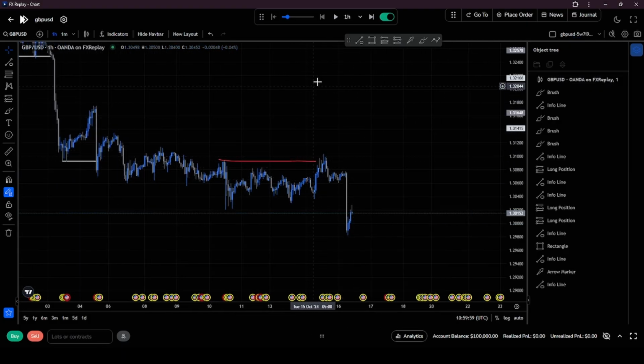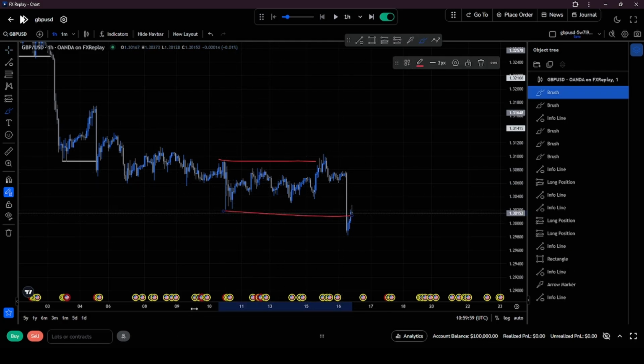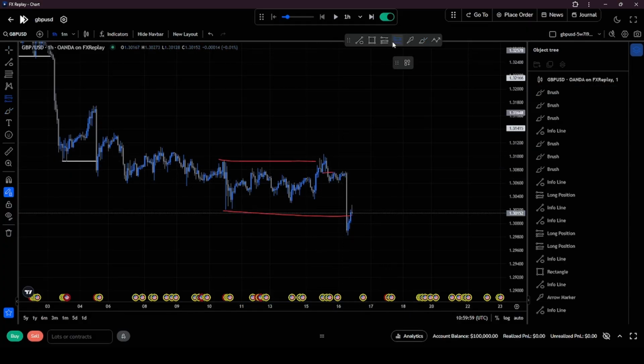You see, after sweeping that high, we had a break of structure. After sweeping that high, price gave a lower time frame change of character.